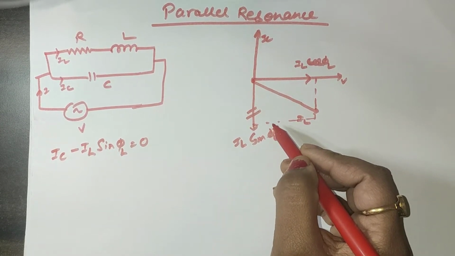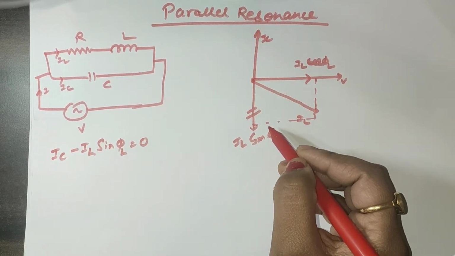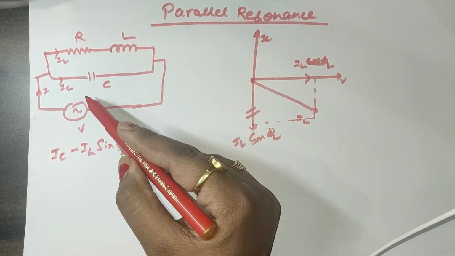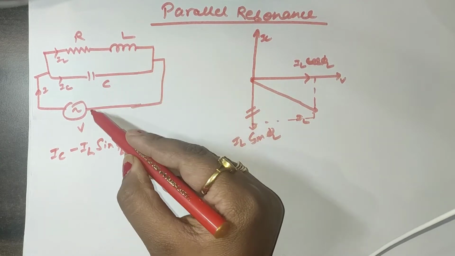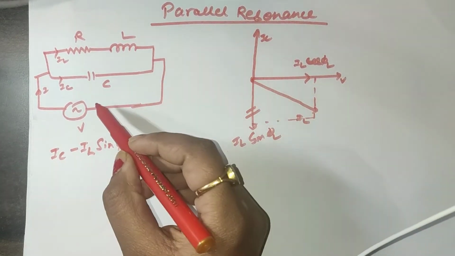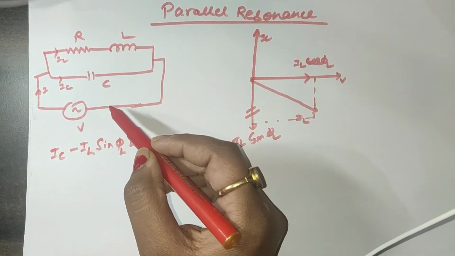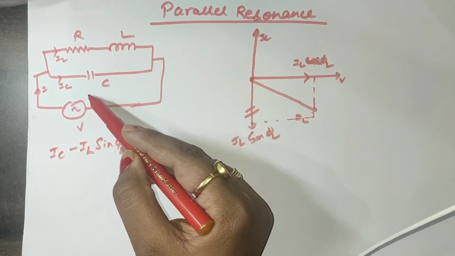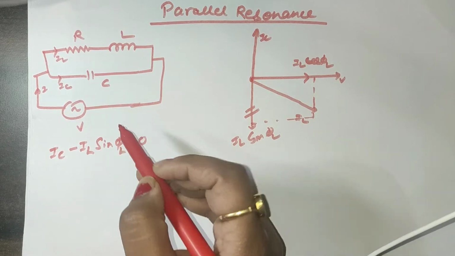This can be achieved by changing the supply frequency, because both IC and IL sin phi L are frequency dependent. So at some frequency, called the resonance frequency, the condition is met.